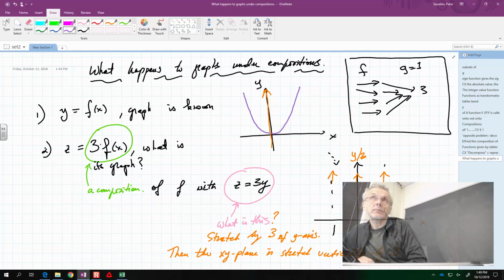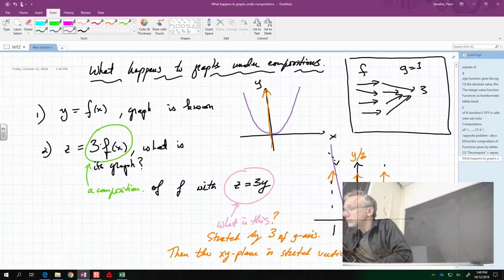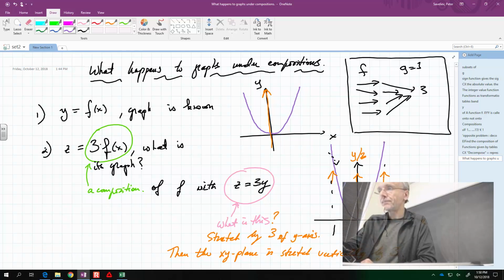Can you describe it? Well, nothing happens to the horizontal. It is pure vertical stretch. So it will become slimmer. Like this. Okay, so we'll talk about that next time.